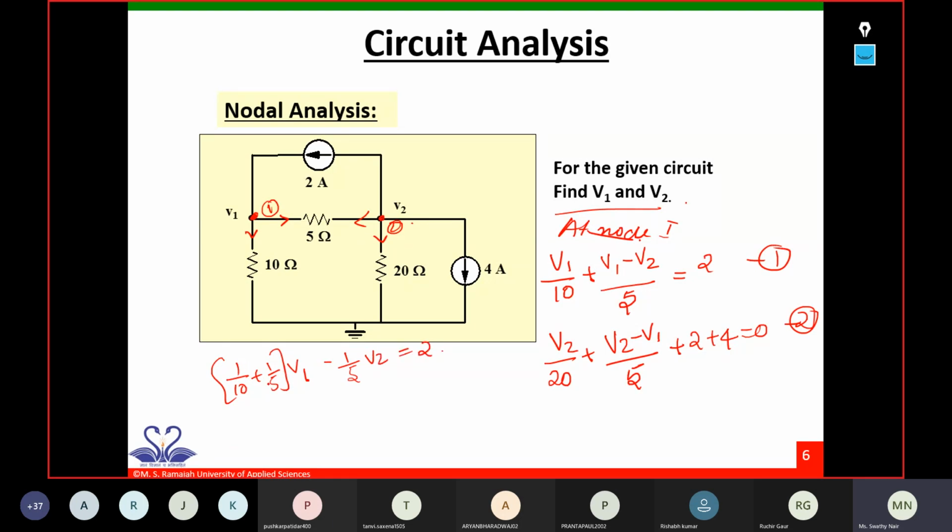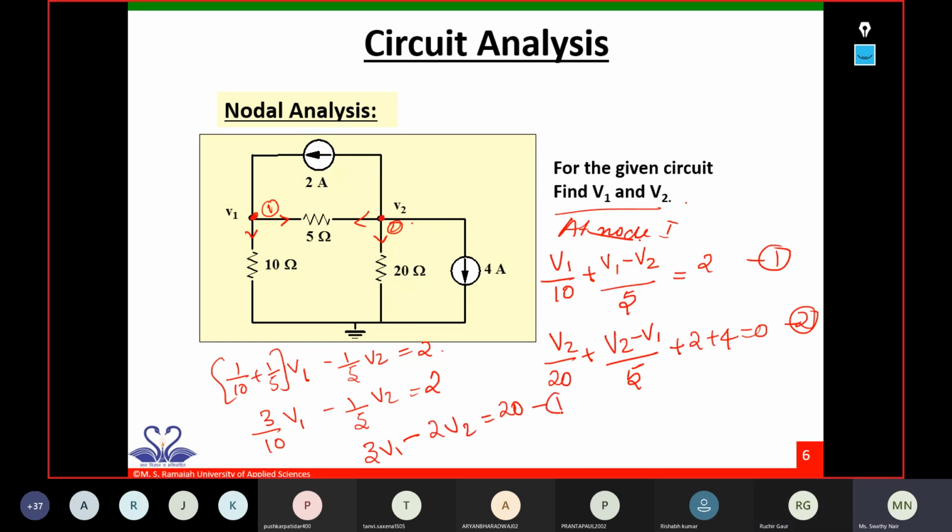Right? 1/10 plus 1/5 is 3/10. Taking the LCM, 2 into 5 is 10, so 2/10 plus 1/10 is 3/10. Again taking LCM 10, we get 3V1 minus 2V2 is equal to 20.